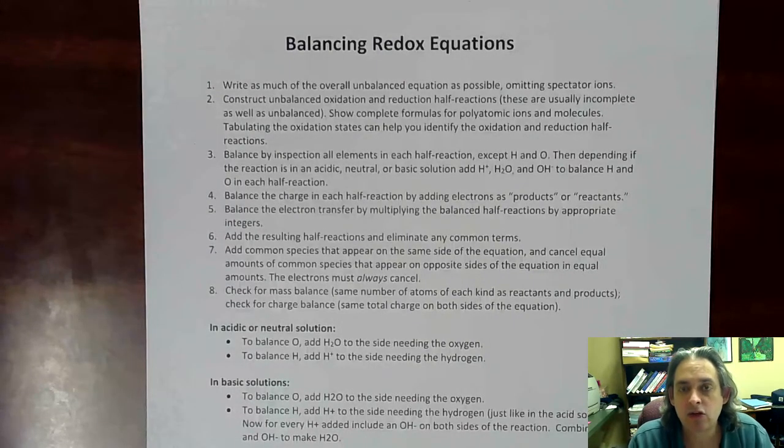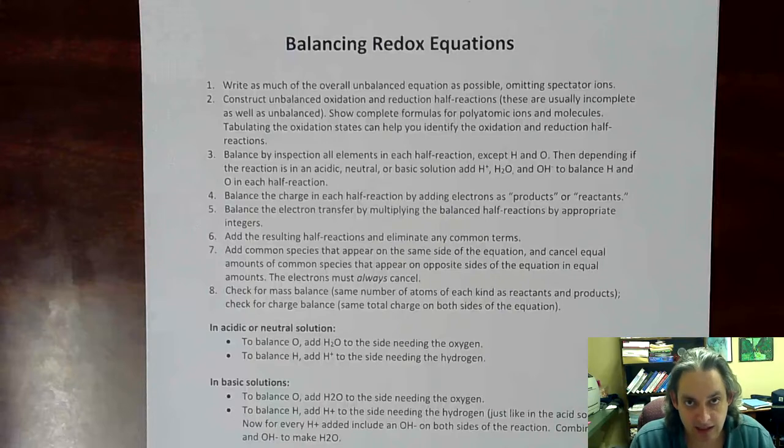Then you have to decide, is the reaction acidic, neutral, or basic? Depending on what type of solution your reaction is being held in, you're going to add the H+ ion, water (H2O), or the hydroxide ion (OH-) to balance out the hydrogens and oxygens in each half reaction.